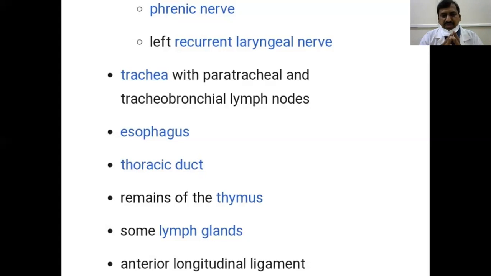This variation in the tracheal level is very important clinically. If there is any obstruction to the trachea due to any growth or foreign body, or sometimes when the patient needs more days of artificial respiration, we go for the clinical procedure called tracheostomy.